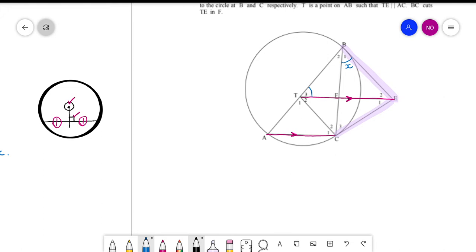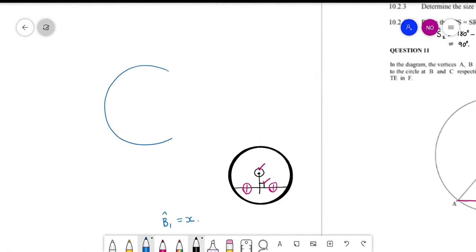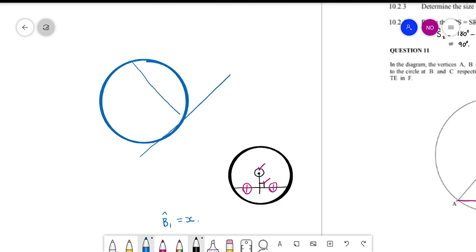Okay, now we haven't in this exercise so far done the tangent chord theorem. So let's quickly discuss the tangent chord theorem again. The tangent chord theorem says, if I have a circle, and I have a tangent, and I have another chord in the circle, then the angle formed between the chord and the tangent will be equal to the angle in the opposite circle segment.